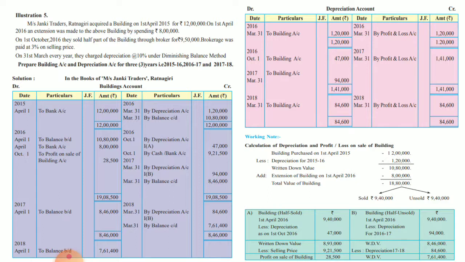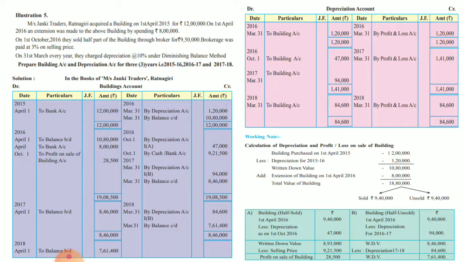Mrs. Janki Traders, Ratnagiri, acquired a building on 1st April 2015 for rupees 12 lakhs. So what they have done, they have acquired a building, meaning they have purchased a building on 1st April 2015 for rupees 12 lakhs.